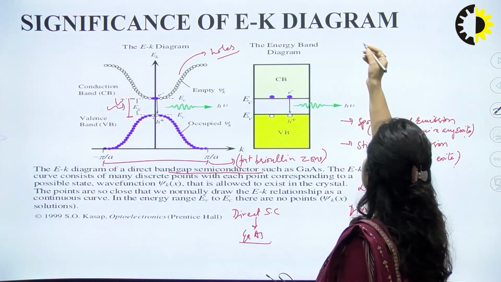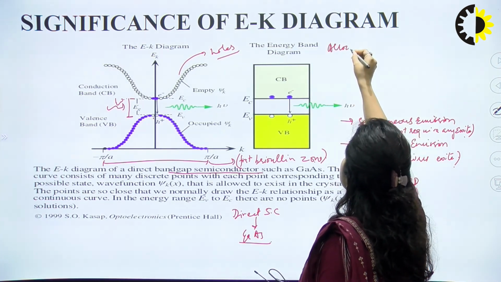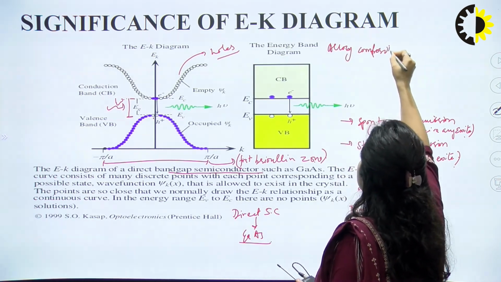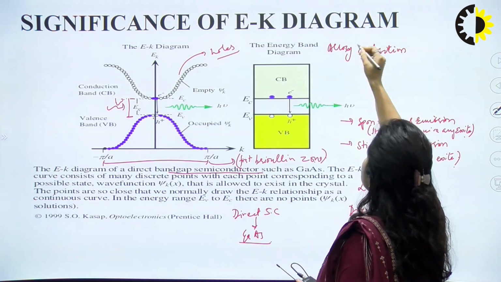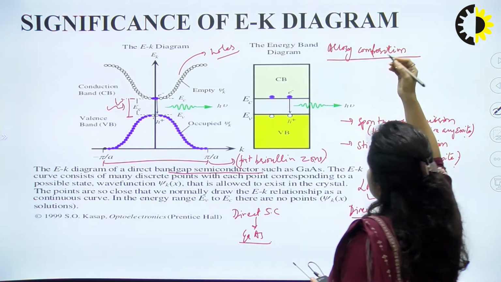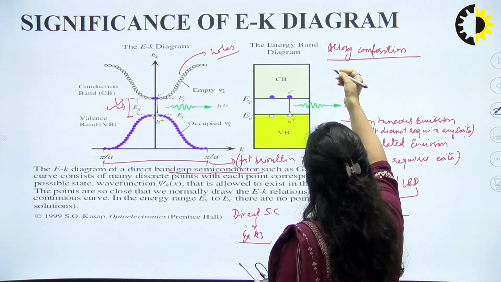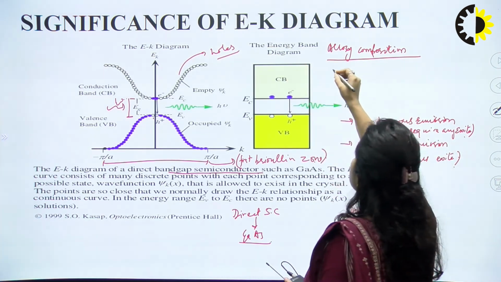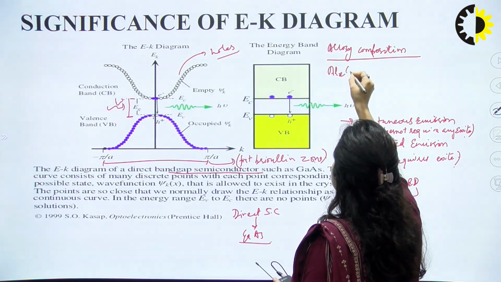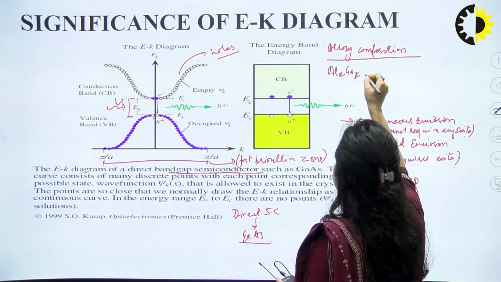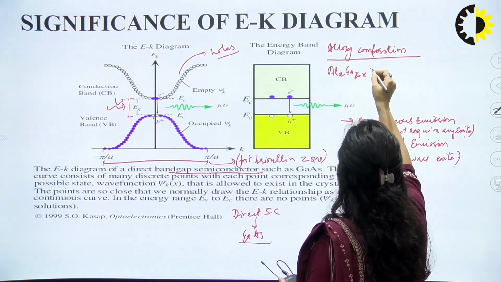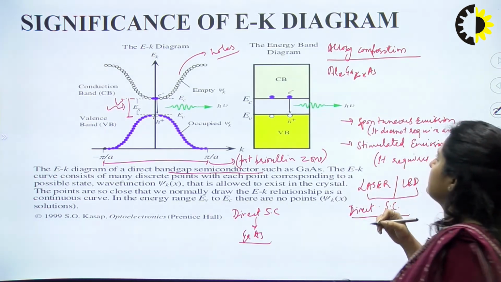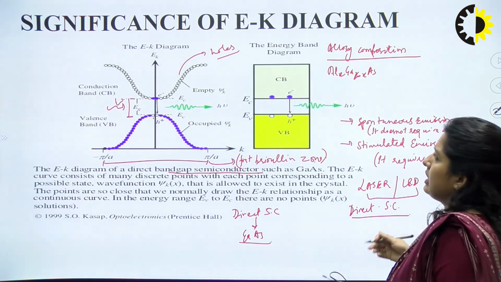But in the case of an alloy composition, as we have discussed, there are different types of elemental semiconductors, then compound semiconductors, then alloys. So what is an alloy? Like Al x Ga 1 minus x As. For Al x Ga 1 minus x As we have different types of EK diagrams.